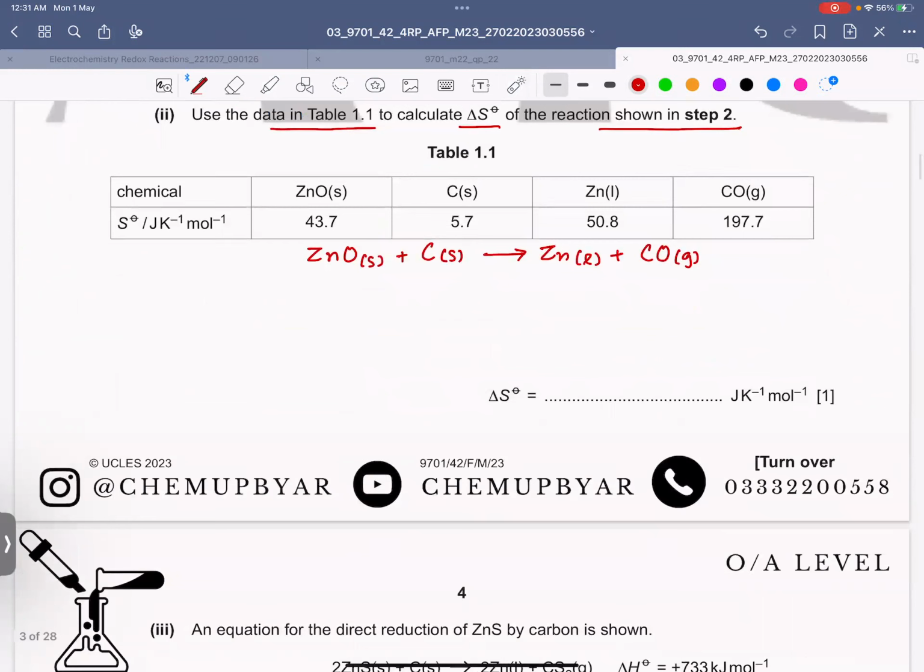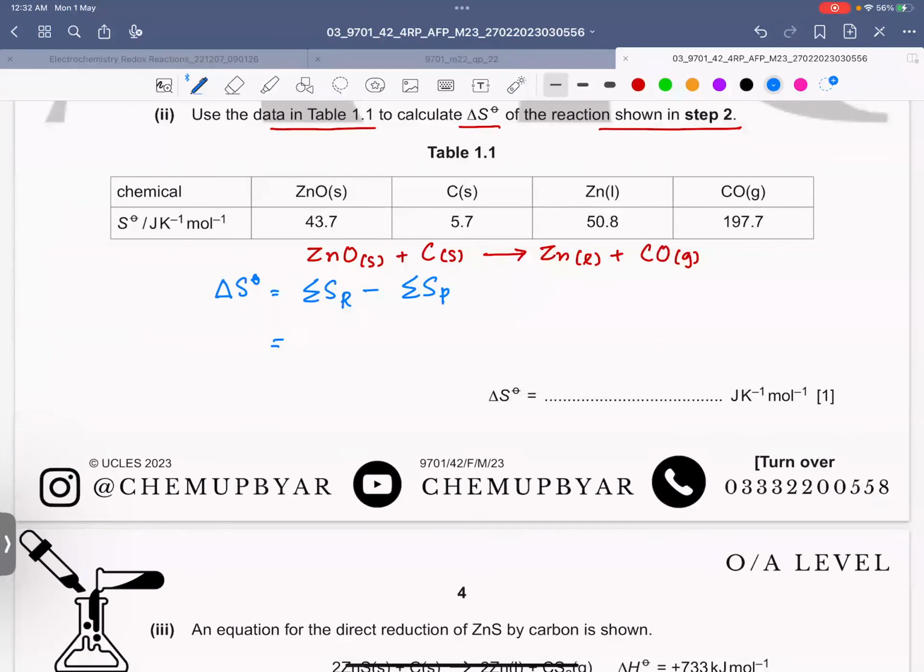To find the entropy change, the entropy change of a reaction is equal to the sum of the entropies of the reactants minus the sum of the entropies of the products.